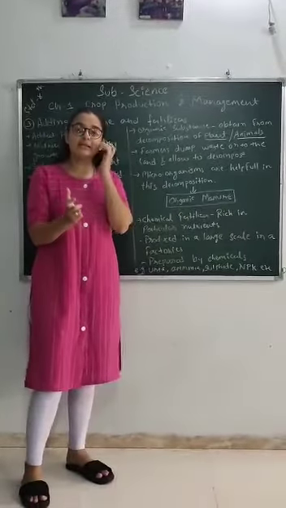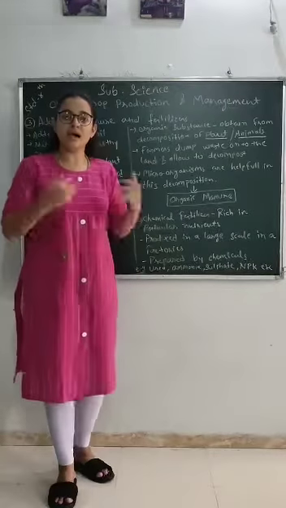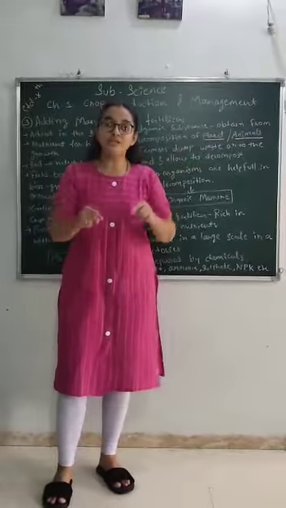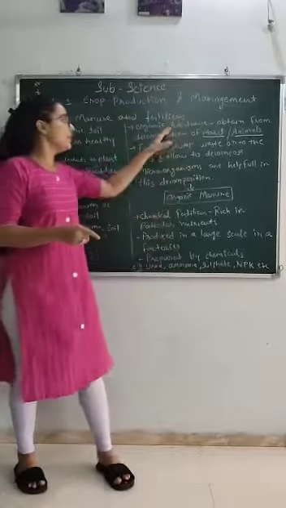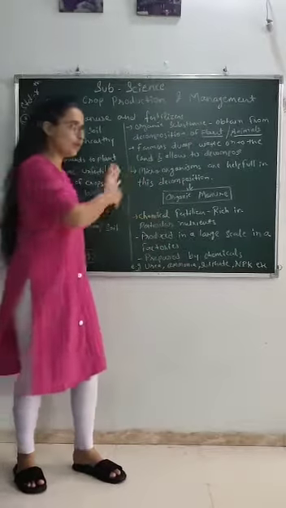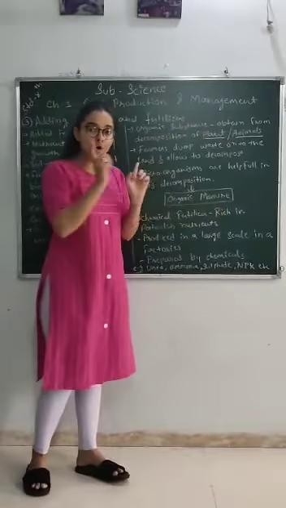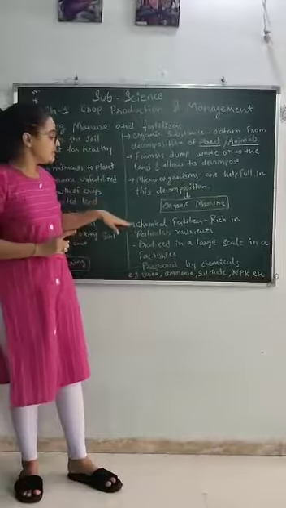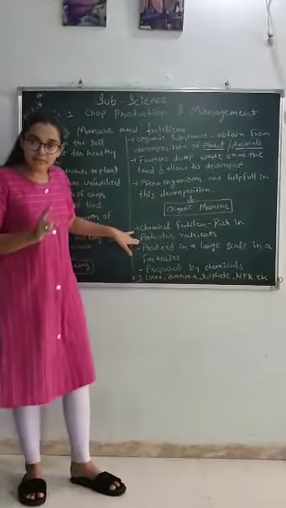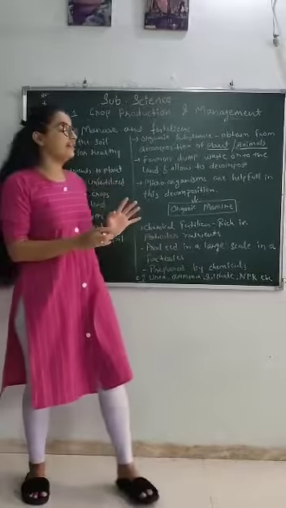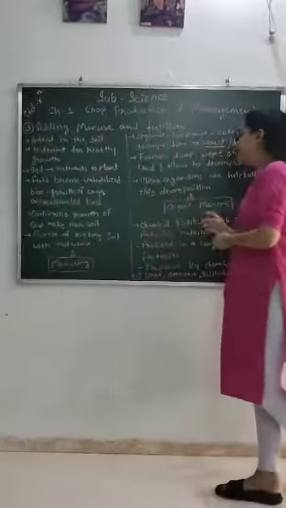Some land, if in that land urea is not there, so I am just applying that chemical fertilizer which is rich in urea, right? But if we see organic matter, here in organic matter so many nutrients are there, not particular nutrients. Whereas here in chemical fertilizer, particular nutrients are rich or added.